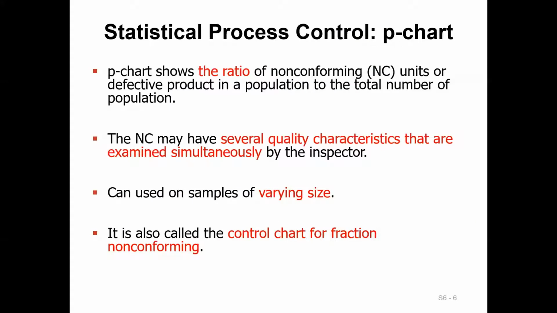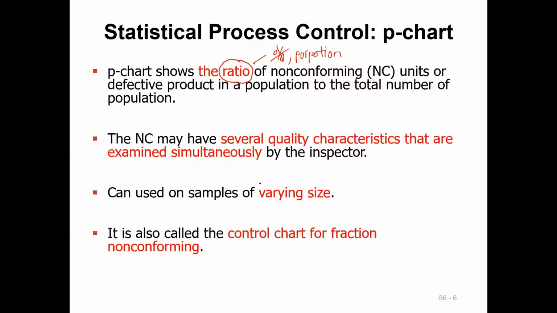Whatever is highlighted in this slide, I explained in the previous two slides. We are saying P-chart shows the ratio. Ratio is another term for proportion or percentage. But in this module, we are not going to use percentage. We're going to use proportion or ratio.